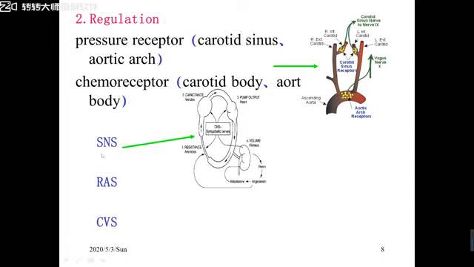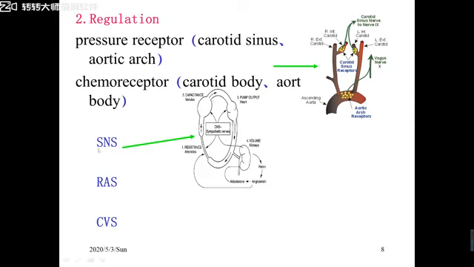So if we can use drugs to inhibit the sympathetic nervous system, we can reduce blood pressure and treat hypertension. Do you remember which kind of drugs can inhibit the sympathetic nervous system? You have studied alpha and beta receptor antagonists, phentolamine and propranolol. So we can use them to treat hypertension.